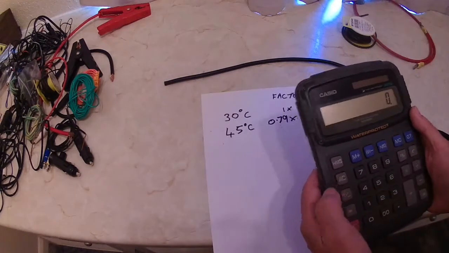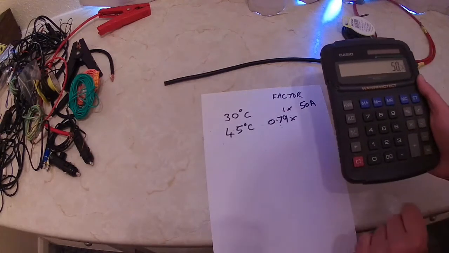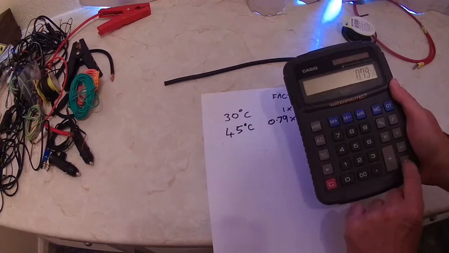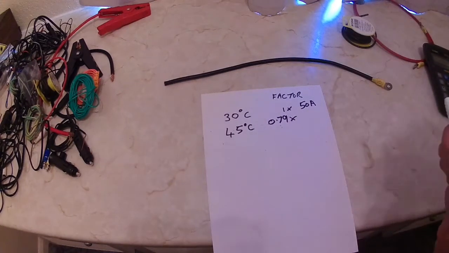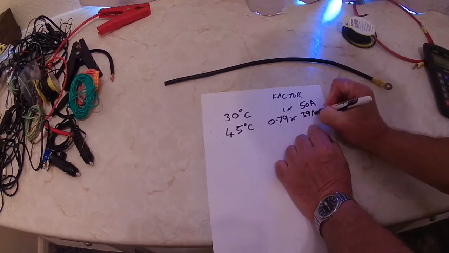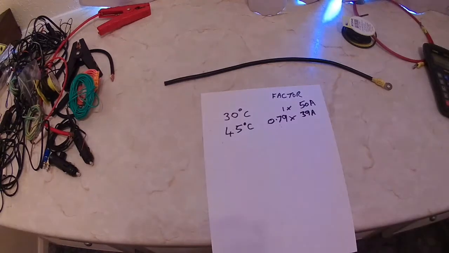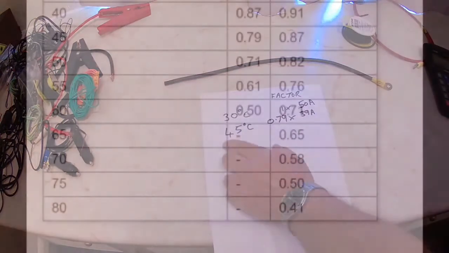Right, get a calculator. 50 amps multiplied by 0.79 equals 39 amps roughly. So at a higher temperature in free air, that cable can only carry 39 amps at 45 degrees centigrade.